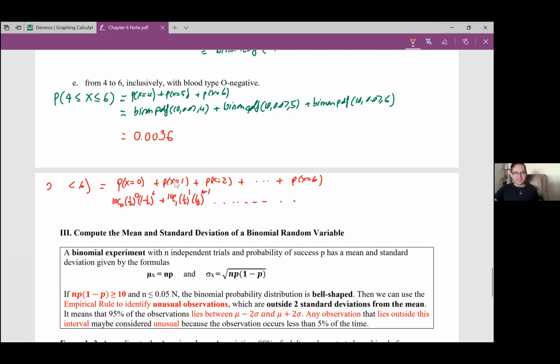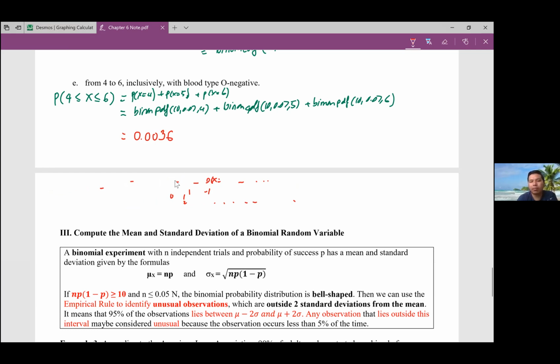What's the chance of students making mistakes? That's very big, because when you do it by hand, you're going to write out everything. So to prevent that, let's use the command CDF, because the command CDF is accumulated. It's going to add everything from 0 to 6 anyway, so that option will serve us better.